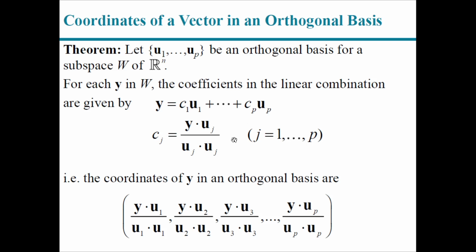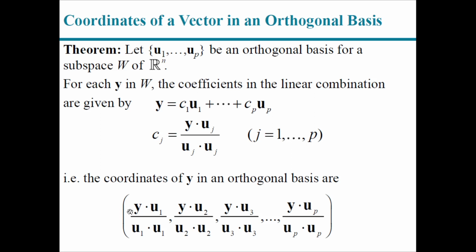It's very easy to compute them because those coefficients are just ratios of dot products. Particularly c1 is y dot u1 divided by u1 dot u1. So it's a ratio of two dot products.